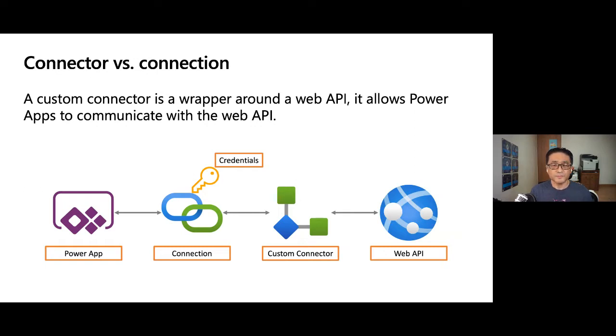But a custom connector itself does nothing unless you create a connection for it. The connector knows the web API's host, where the location is, and how we can communicate with it, so the operation details. And the connection knows the credentials and has a reference to the connector that facilitates the communication with the web API. There are subtle differences between connections and connectors, and you should know them.